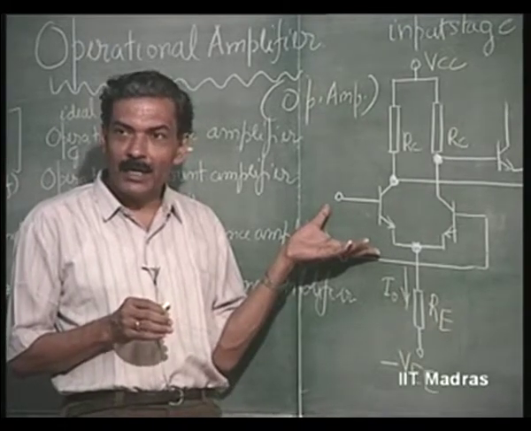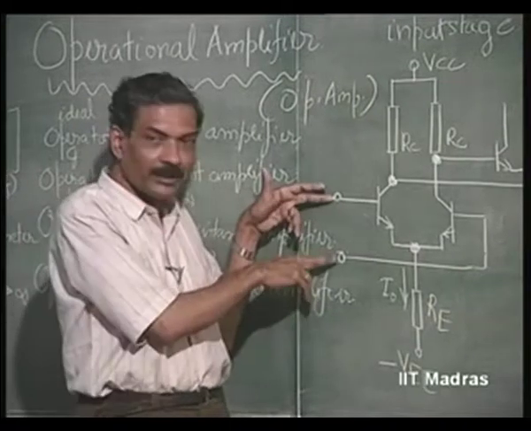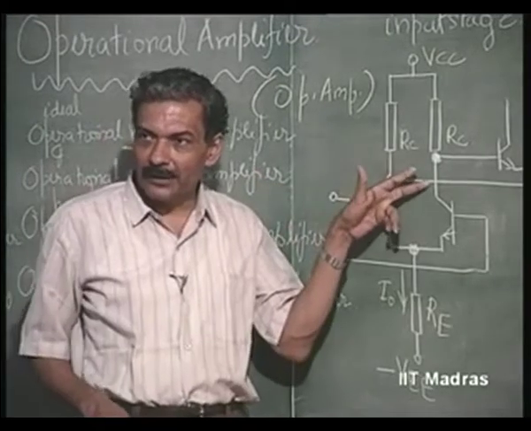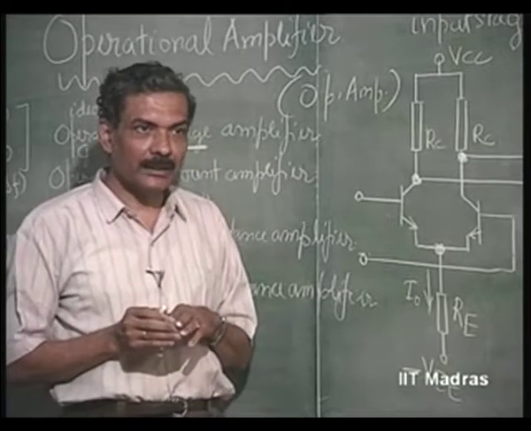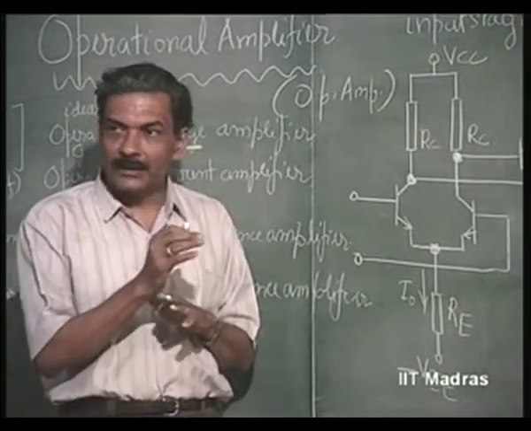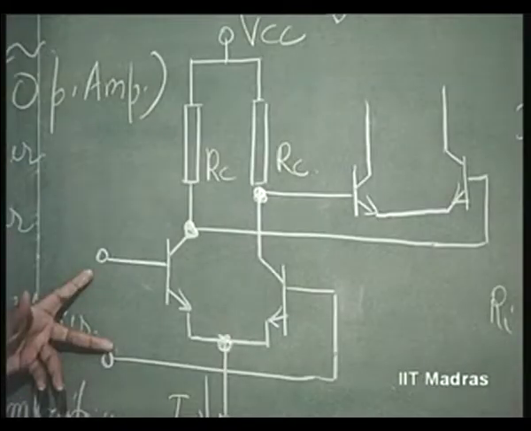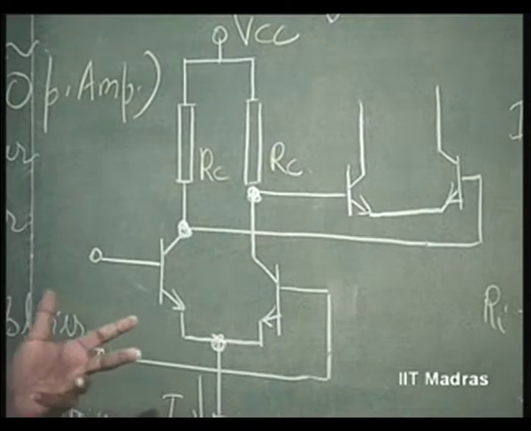It should have high common mode rejection ratio. It should allow only the differential signal to be amplified, and you should ignore the common mode signal. This is trash. It has no business entering this building. So, it will select the differential signal from the composite signal.